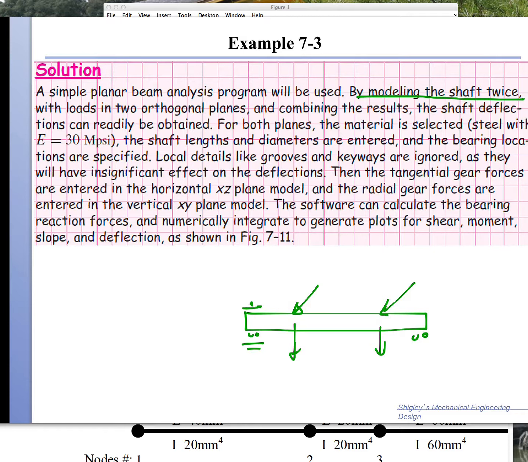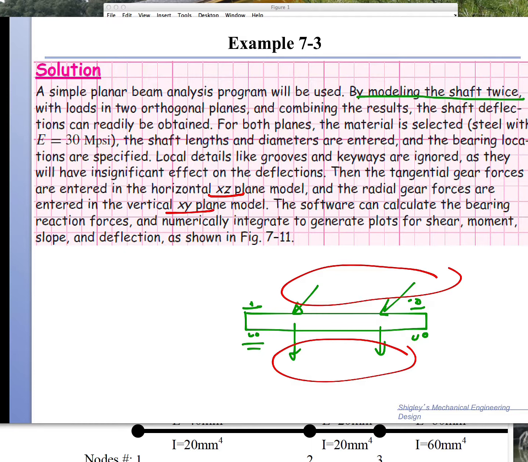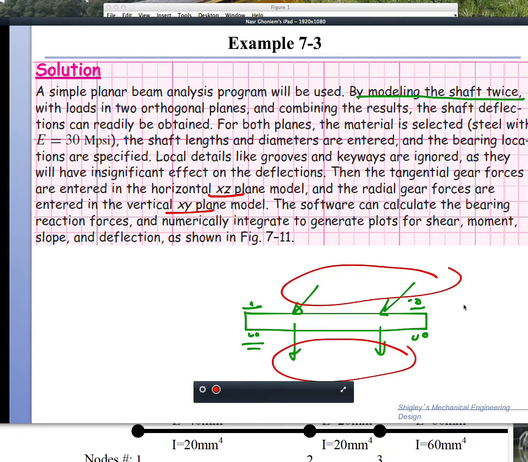Therefore, we have to do the deflection calculations for the transverse system and for the radial system, so we have two planes, the XZ plane and the YZ plane, and we must do the deflections in the same way that we've learned before.